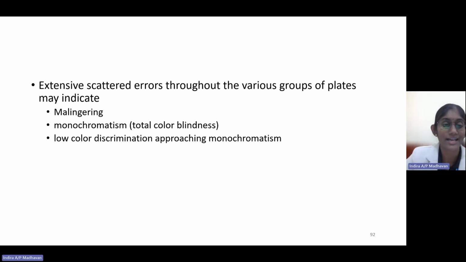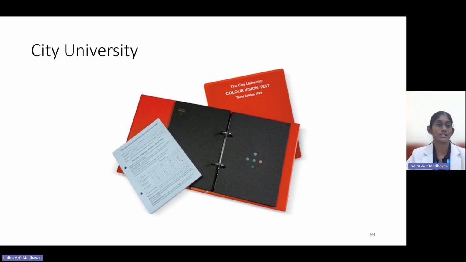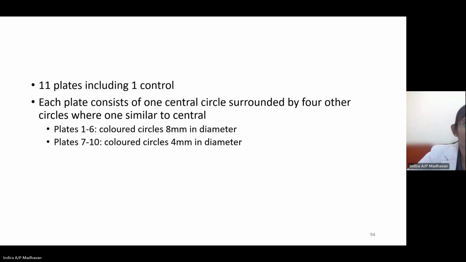Now we look at the last booklet test, which is the City University test. This is how the City University test looks like, and this is the recording form that comes together with the book, and this is how the color vision test looks like. This is the target, the dots that the patient has to see. It contains 11 plates, including one control.